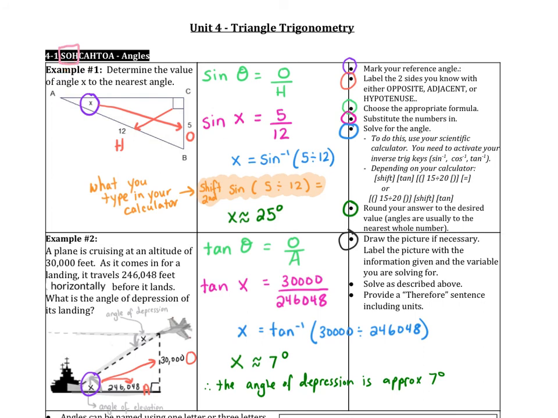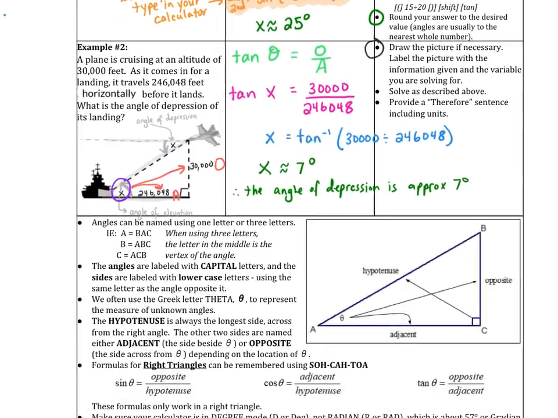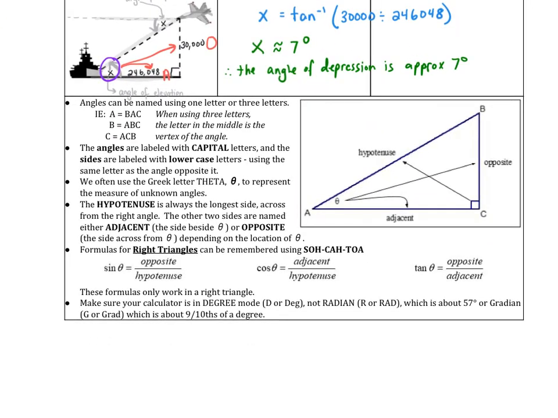And then the CAH stands for cosine, or cos equals adjacent over hypotenuse. And TOA stands for tan equals opposite over adjacent. So that corresponds to these formulas here.